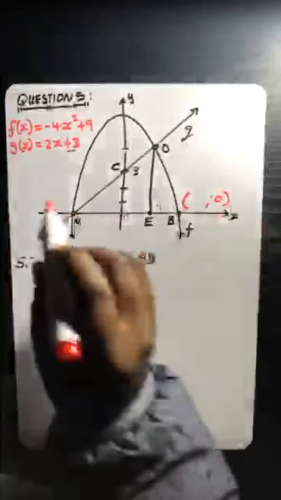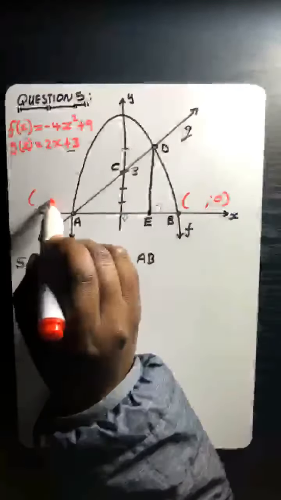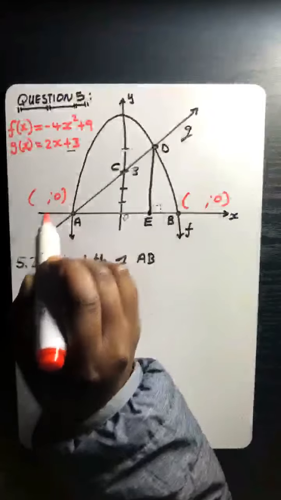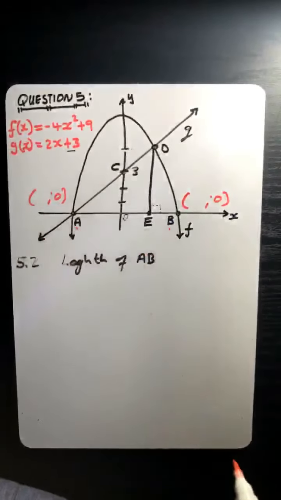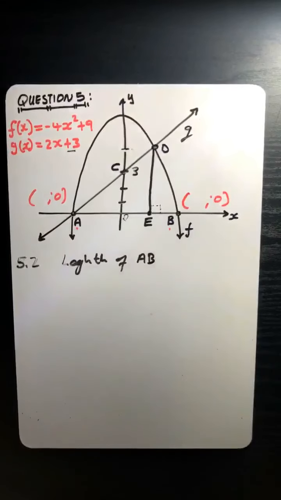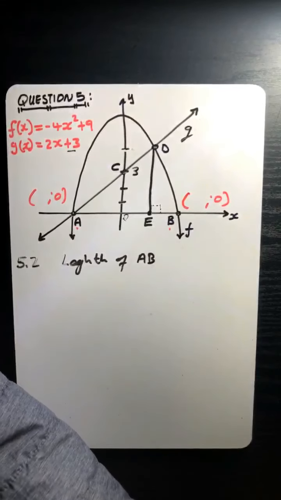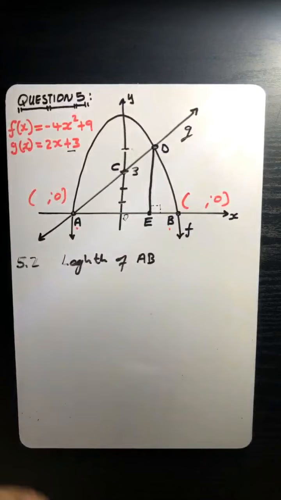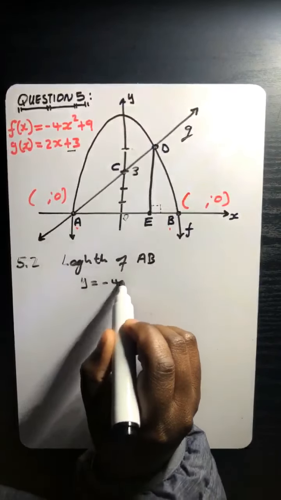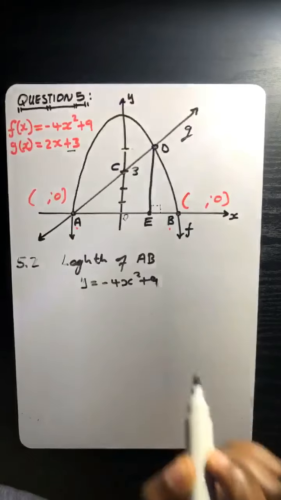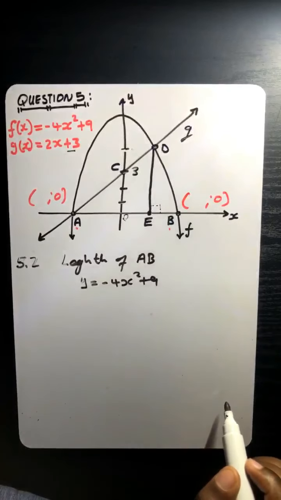We do not know, but we know that Y is 0. Same for A. So now, which function passes through A and B? We can see it is that one of Y equals -4x plus 9.